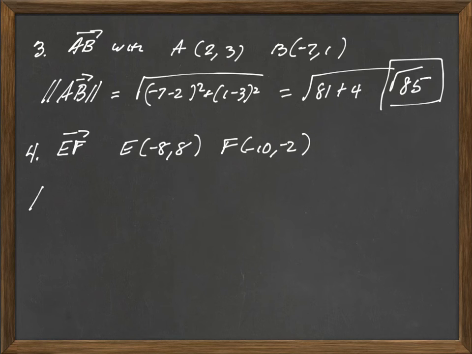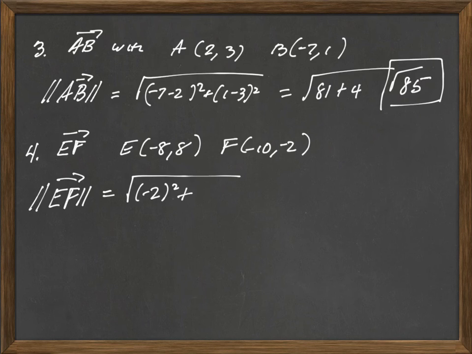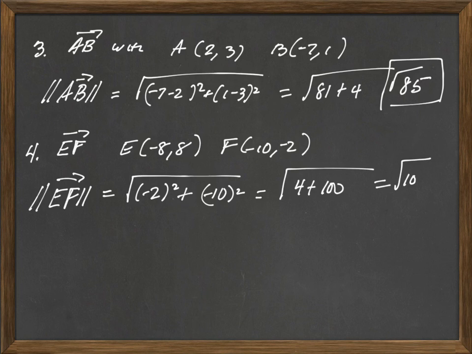And so the magnitude of EF is equal to the square root of (-10 minus -8), which would be -10 plus 8, which is -2, -2 squared, plus (-2 minus 8), that would be -10 squared, which is the square root of 4 plus 100, which is the square root of 104.